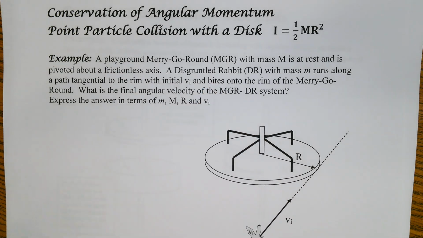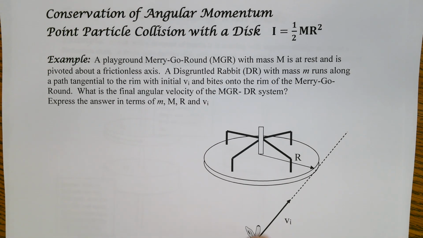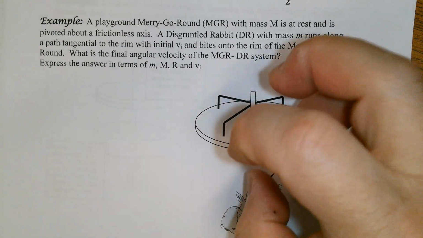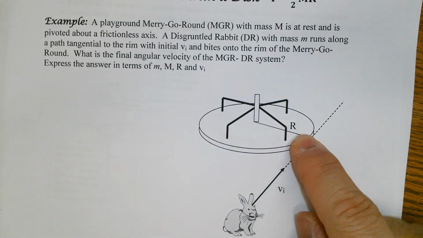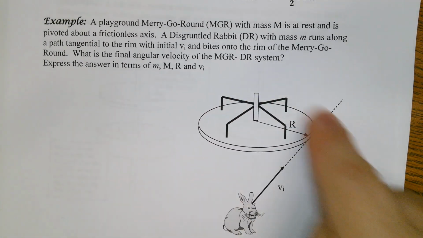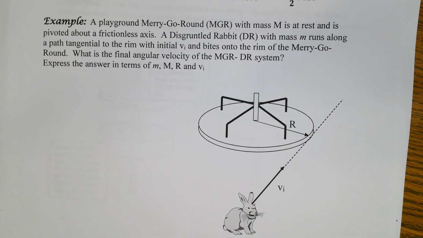A disgruntled rabbit with mass m runs along a path tangential to the rim with initial velocity vi and bites into the rim of the merry-go-round, and it's going to be spun around in a circular motion, right?